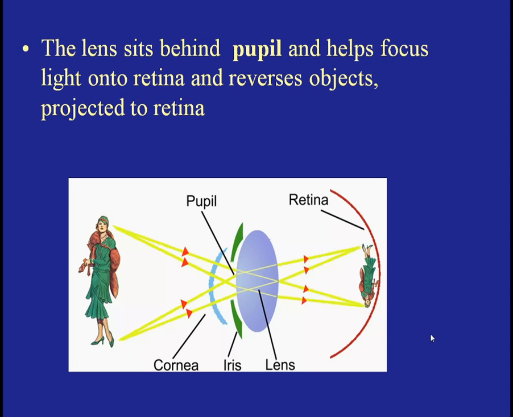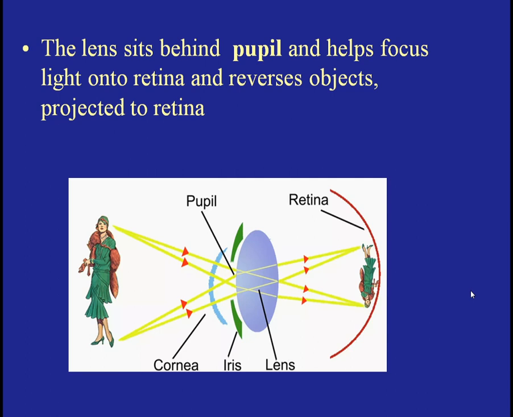For example, if the object is located, like the head of this lady, in the upper part of the visual field, the projection of this object is located in the lower part on the retina, and vice versa.